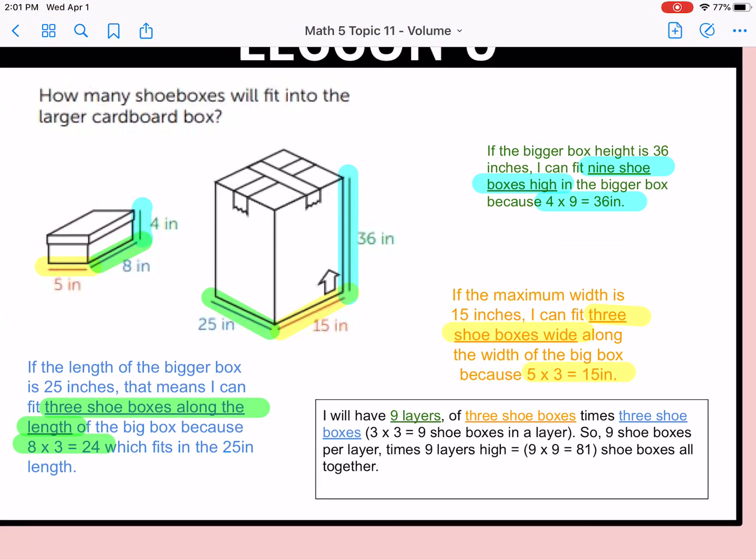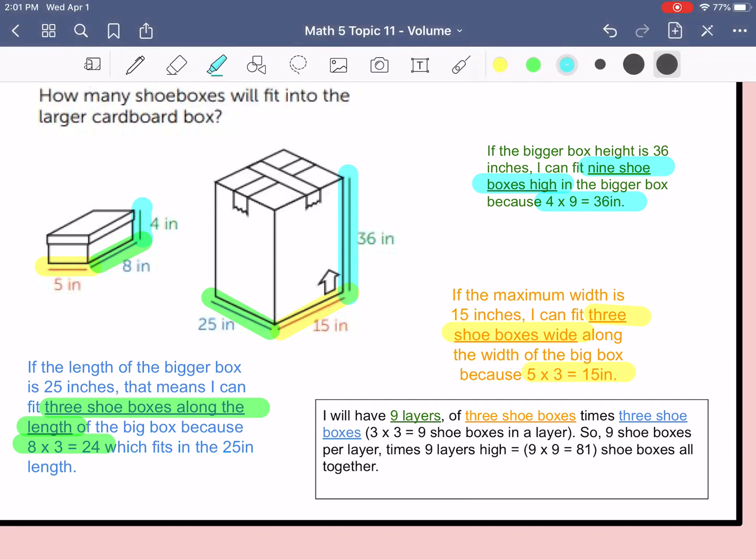So if I go ahead and look at this, I have 9 layers. That's how tall it is. I have a length of 3 shoe boxes, and I have a width of 3 shoe boxes. When I do that, I get 3 times 3.